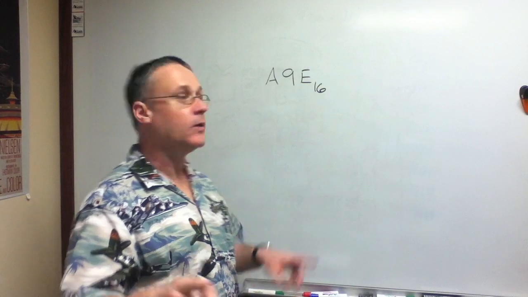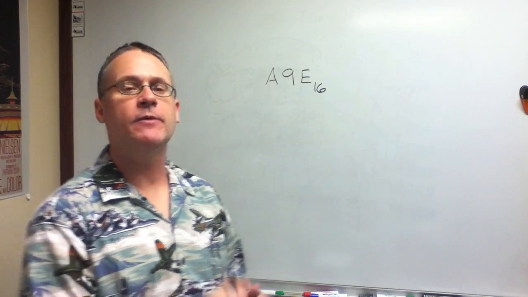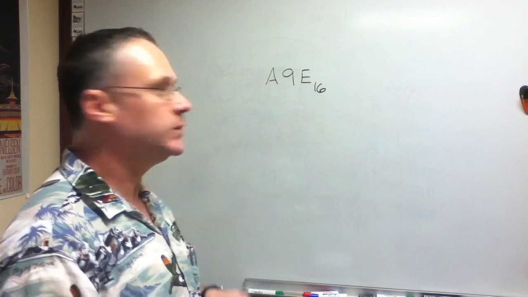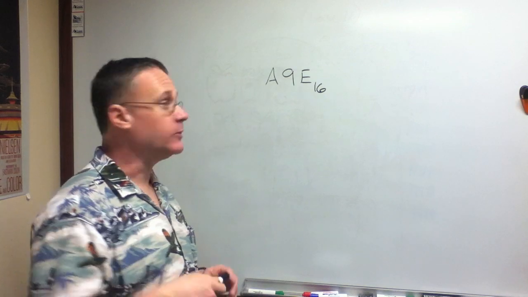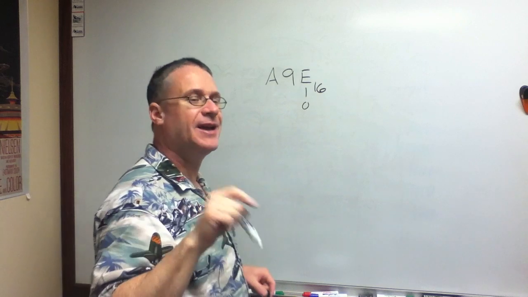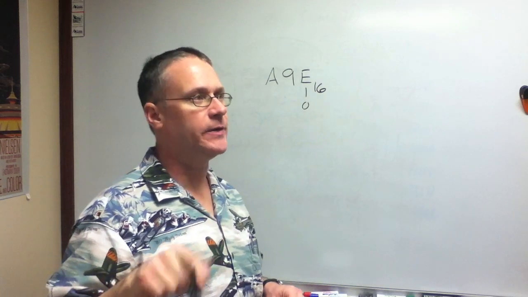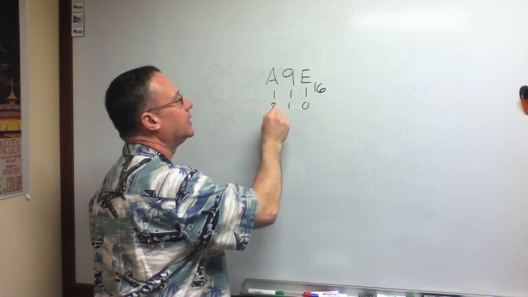Okay, now here's a hexadecimal numeral representing some number, and what I want to do is translate it into decimal. It's a place value system, just like decimal and binary were. So each place represents a power, but not of 2 or 10 for binary and decimal, but 16 because we're working in hex.